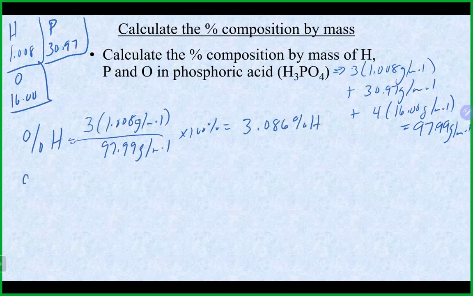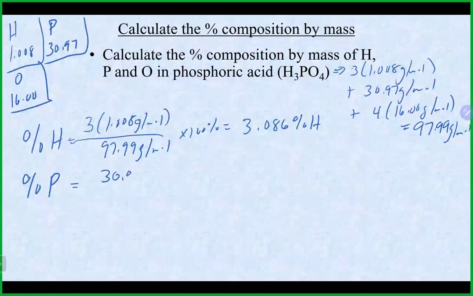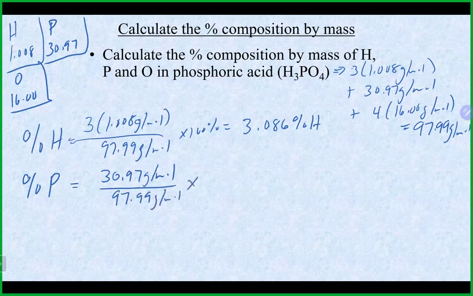We do the same thing for phosphorus. We have just 1 phosphorus in this formula, so 30.97 divided by 97.99 grams per mole times 100% gives us here about 31.61% phosphorus.